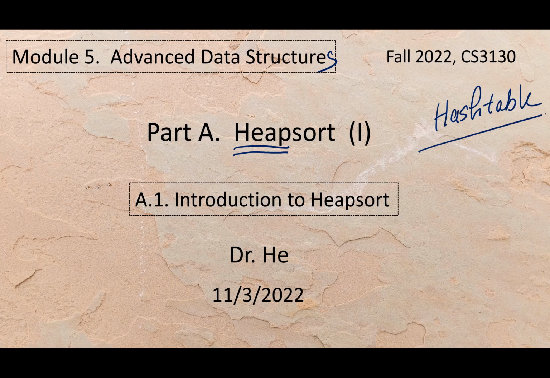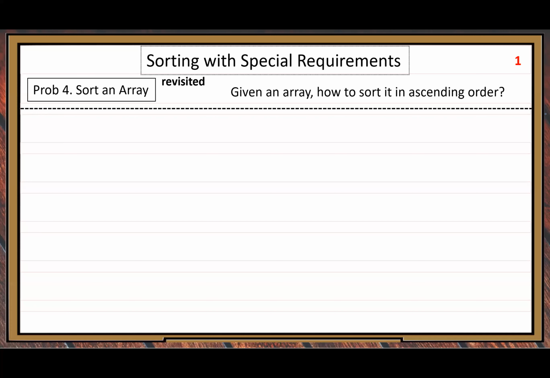All right, part A, heap sort, part 1. 8.1, introduction to heap sort. Let me use this 15 minutes to do this 8.1 introduction. We solve our old problem number 4, sort an array.